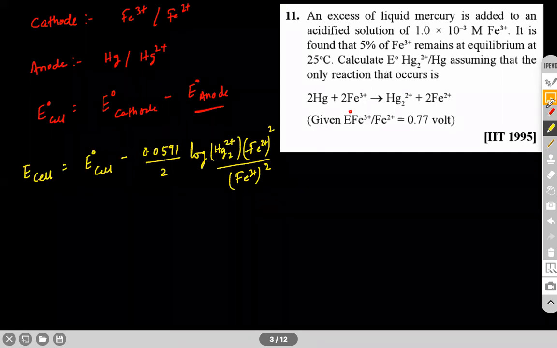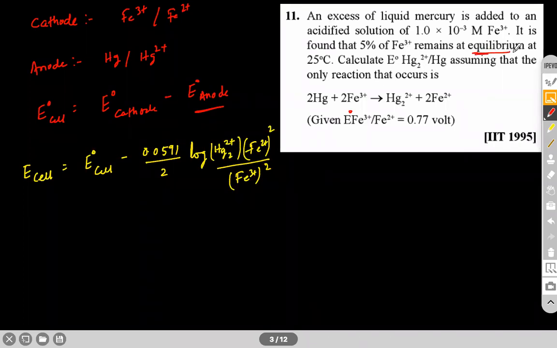It says what? 5% of Fe3 plus remains at equilibrium. Means when this reaction takes place and equilibrium is achieved, we have 5% of Fe3 plus present in the solution. So obviously at the state of equilibrium, E cell is 0, is equals to E naught cell minus 0.0591 by 2.